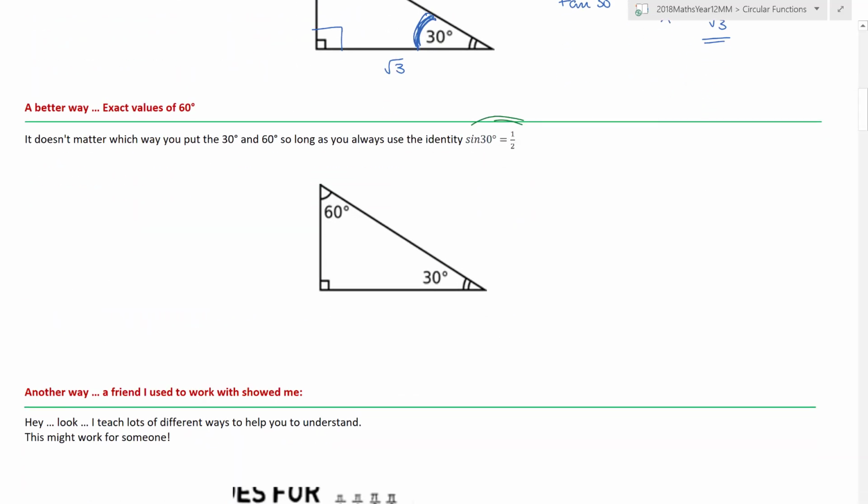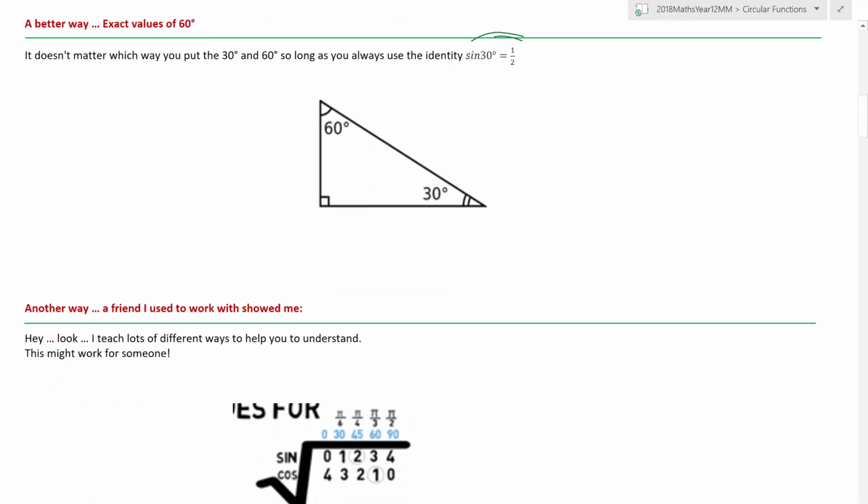And the same thing happens with 60, right? If I use 60 degrees as my reference angle, there's 1, 2, and root 3. So I now know the sine of 60 degrees, sine is opposite over hypotenuse, so root 3 on 2. Wow!